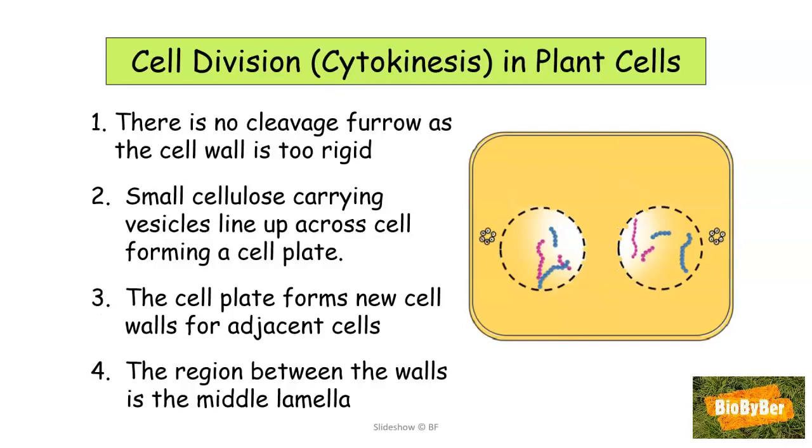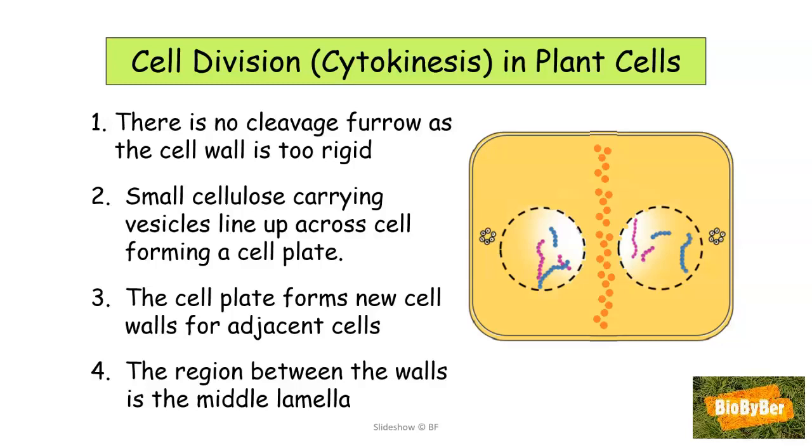In plant cells, the process is slightly different. There is no cleavage furrow or splitting or pinching in of cytoplasm. This is because the cell wall is too strong or too rigid, so the process goes a little bit differently. Small cellulose-carrying vesicles line up across the cell, forming a cell plate.